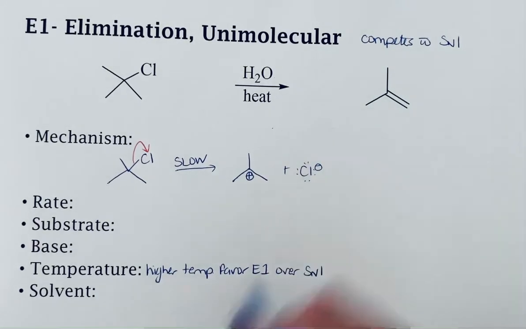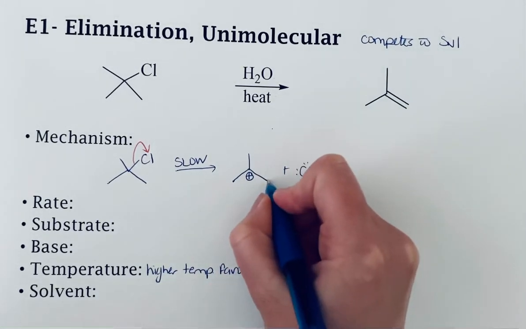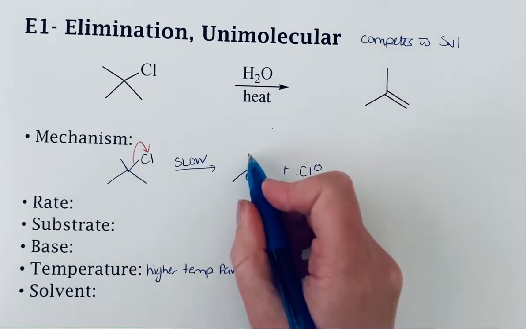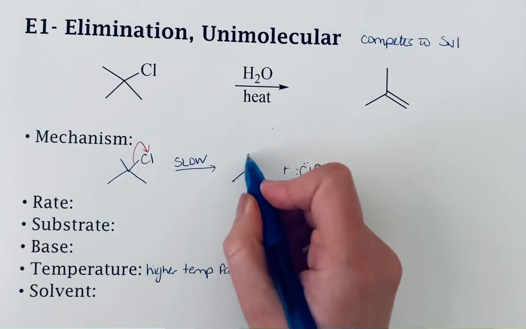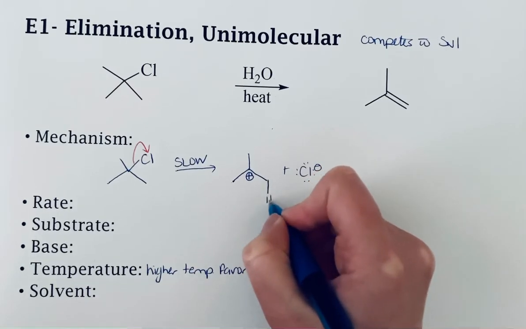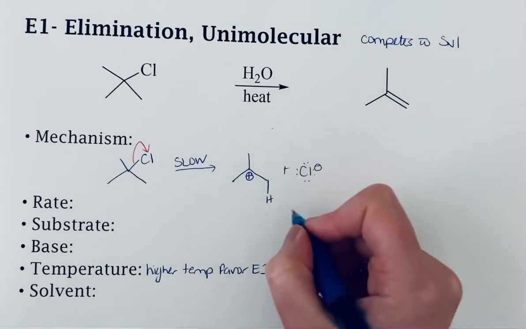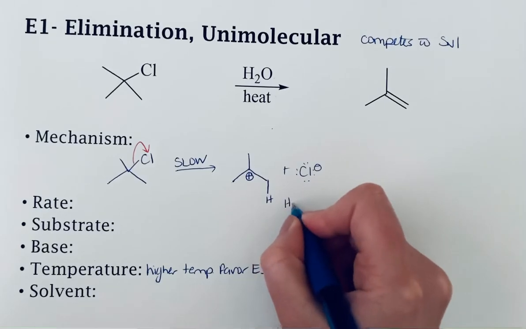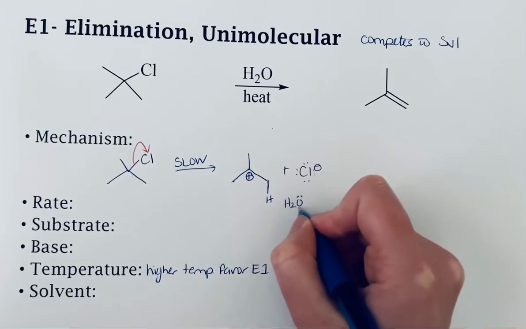And so what would happen in this step would be one of the hydrogens on these beta carbons, and these are all CH3 groups, so they're all identical. So I'm going to draw out just one of the hydrogens, and we could see our base, which is water.